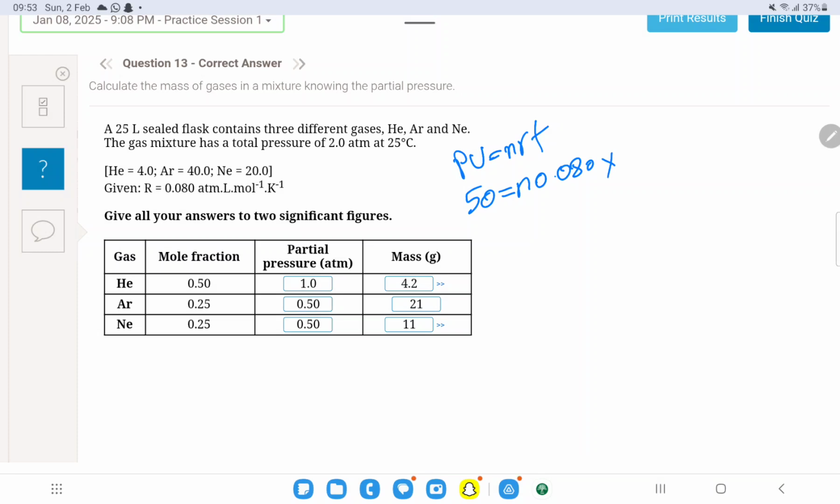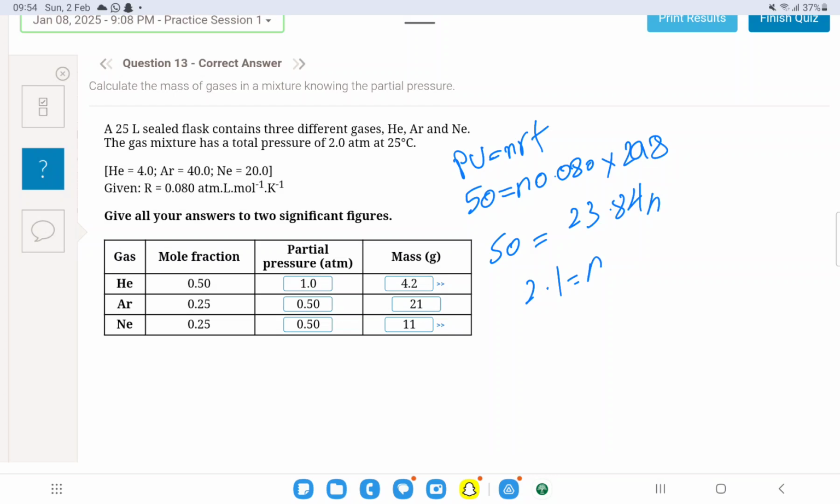It's 25 plus 273, and you get 298. So 298 times 0.08, you get 50 equals 23.84 n. You divide 50 by the answer and you get the total moles, 2.1 equals n.